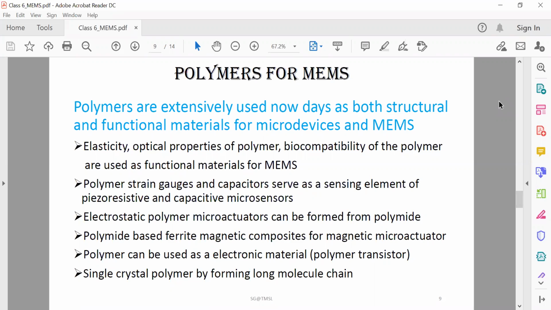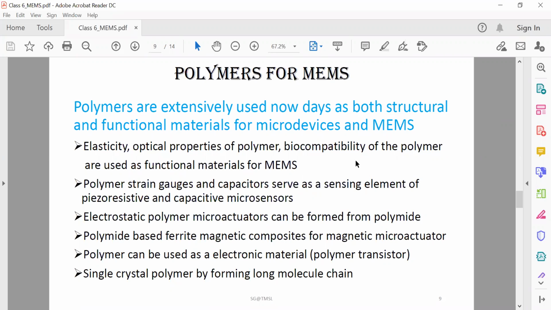Now the main properties used for polymers are elasticity, optical properties, and biocompatibility.